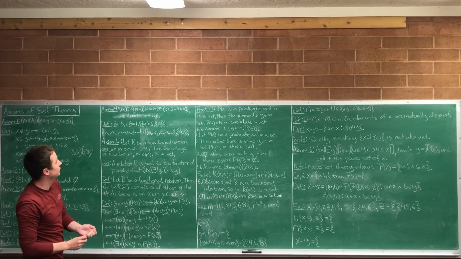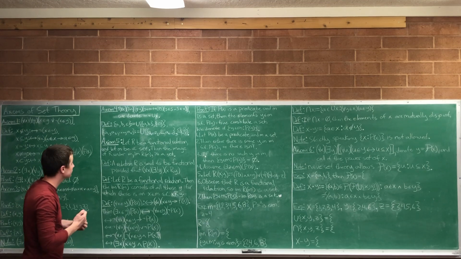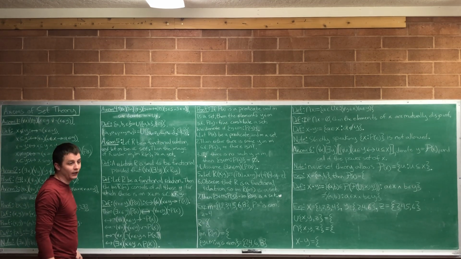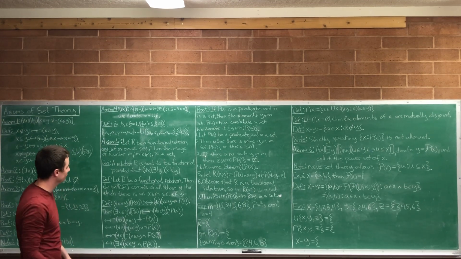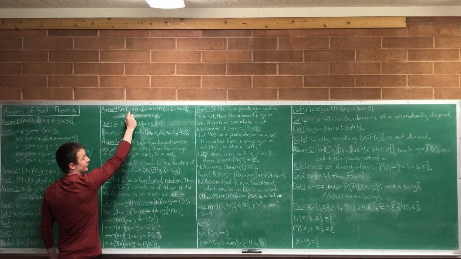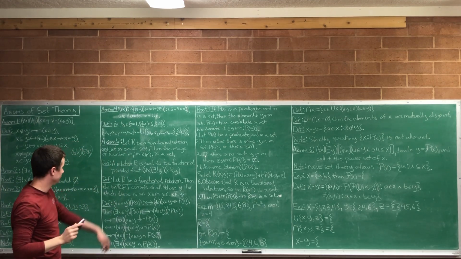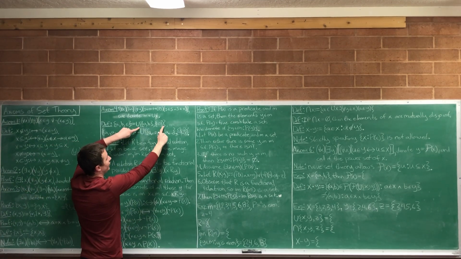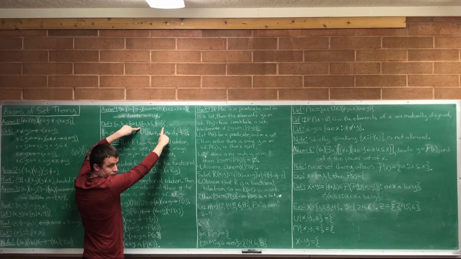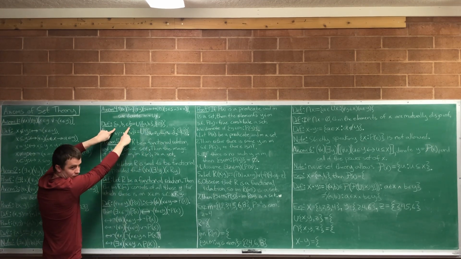And then the last axiom that we covered last time was the Union Axiom. It's kind of a mouthful, but what it says is pretty simple. For every x, there exists an m. Let's say intuitively what we're saying here. If you have a set x, I can union up all the elements in x and get this set.